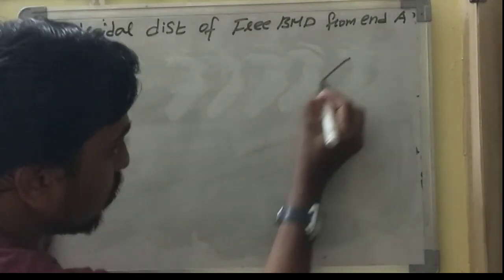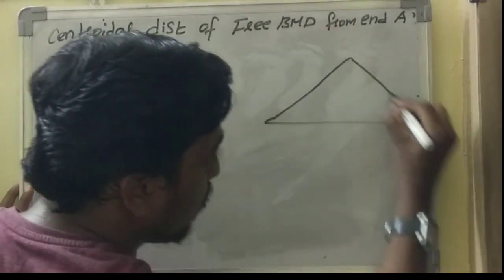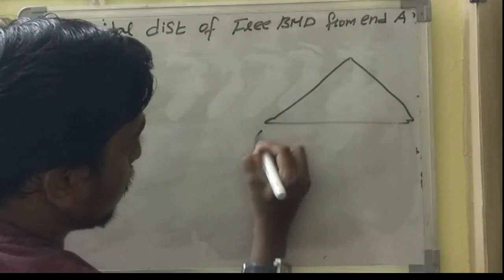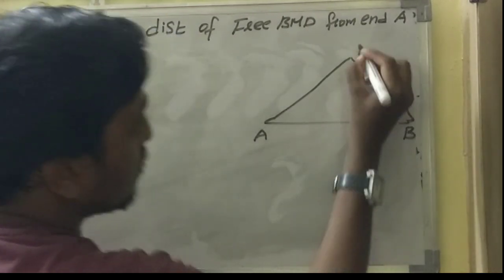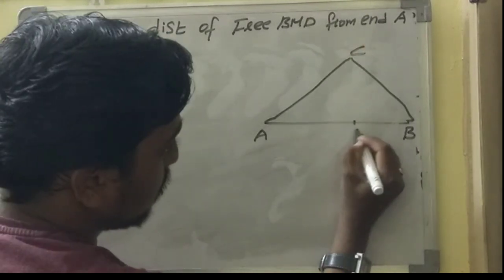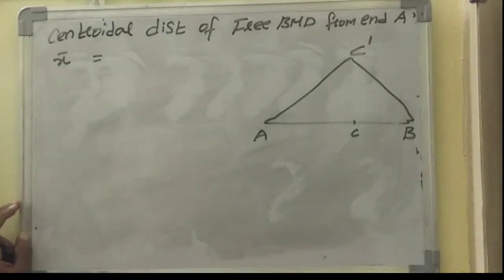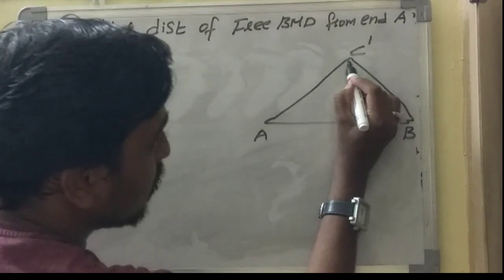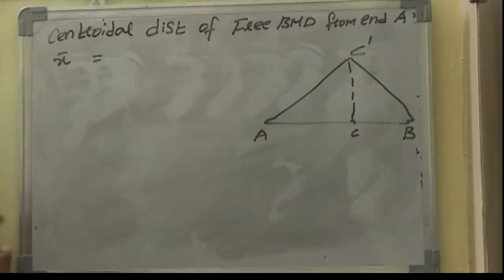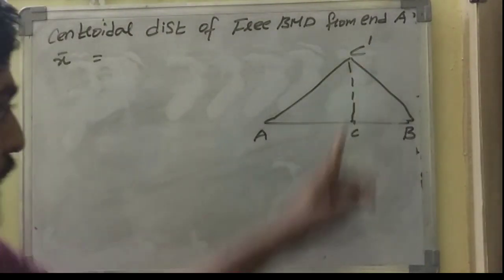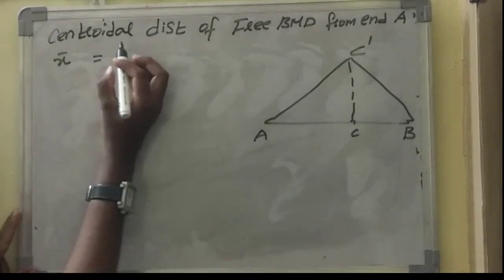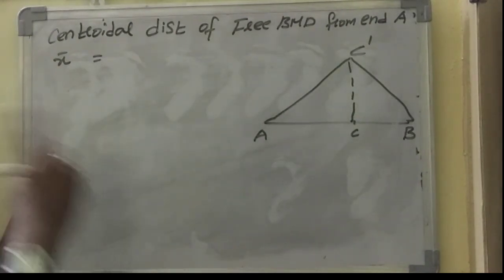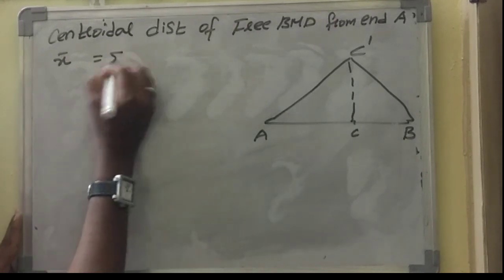So this is your free bending moment diagram. A, C, A, B. So this point will be C, this one will be C dash. So I am taking this as two triangles, AC C dash and CB C dash. So what about the centroidal distance formula here for the two triangles?